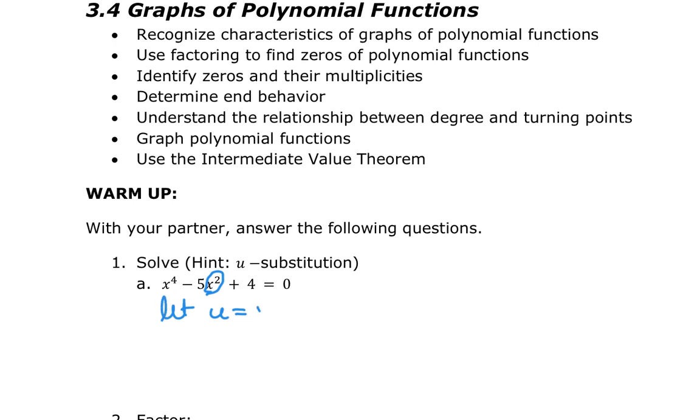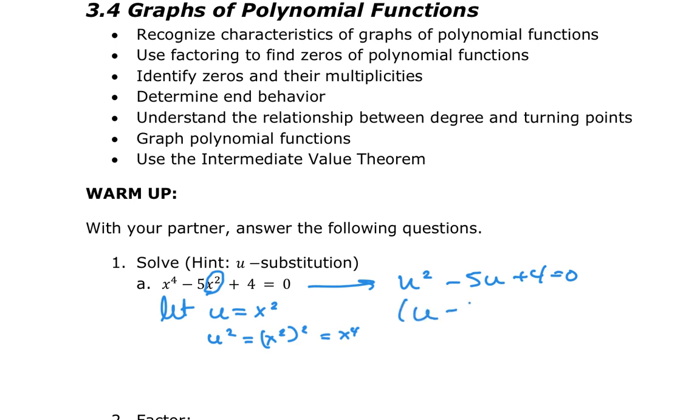So I'm going to let U equal x squared. Then U squared is x squared squared, which gives me x to the fourth. So using a U substitution, this becomes U squared minus 5U plus 4 equal to 0.